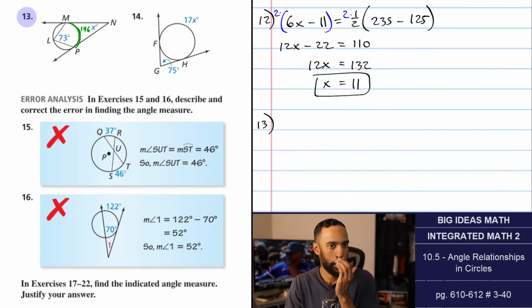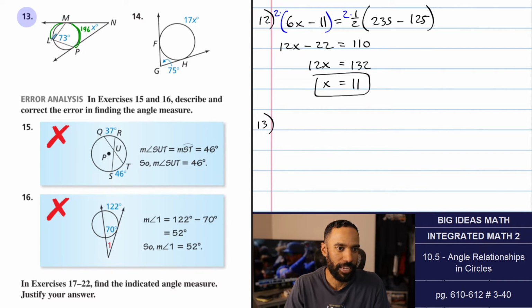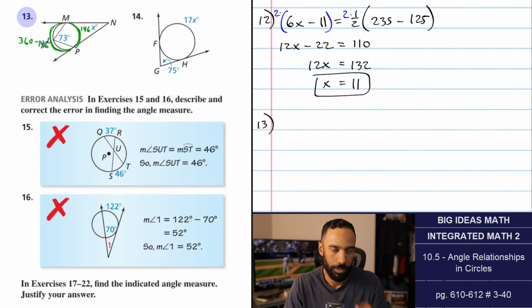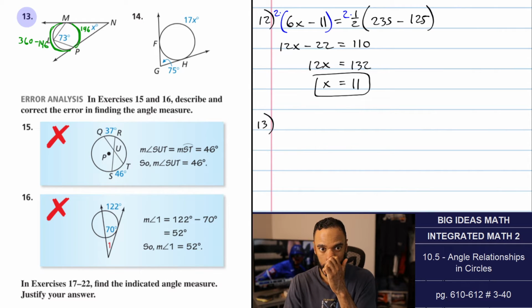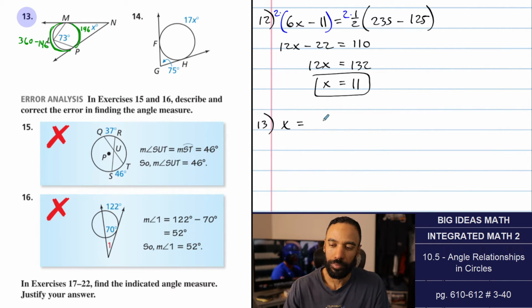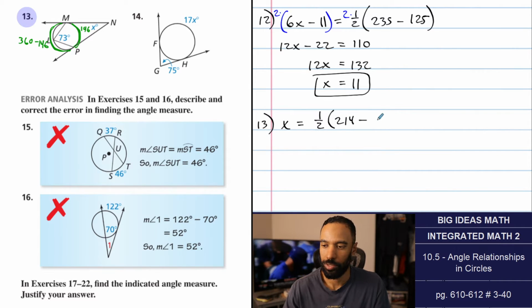This guy will be 360 minus 146 right here. Now 360 minus 146 is 214, I think. So 214. So our x will be half of 214 minus 146.